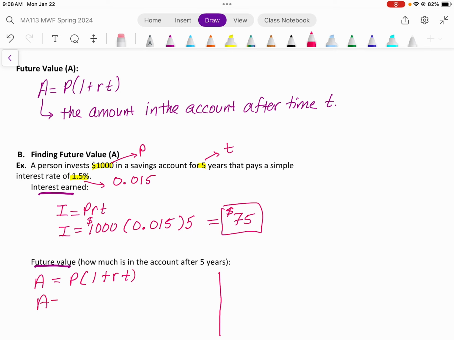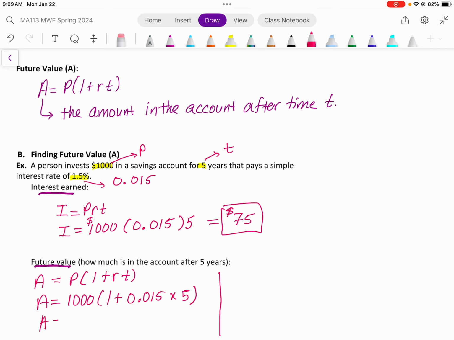I'll have A equals P, which was 1,000, times 1 plus the rate, 0.015, and then times time, which is 5. If you run that through your calculator, you'll have 1,000 times, and then you will need to put in the parentheses, 1 plus 0.015 times 5, and then close your parentheses.